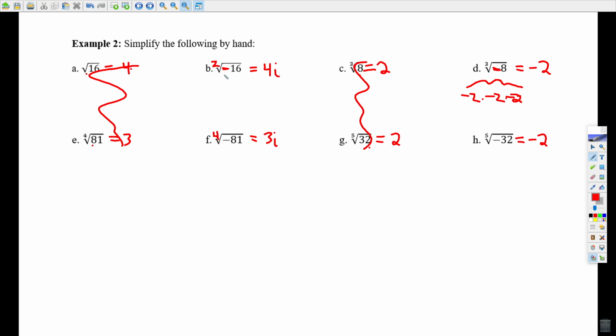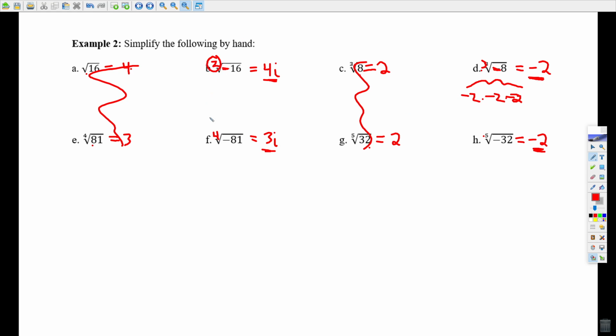If you have a square root, which is a 2, you get out an i. If you use a fourth root, 4, you also get out an i. What if we change it to a 3, third root? You get out a negative answer. Fifth root, you get out a negative answer. So this is the pattern that we're seeing, again, with the odds and evens.